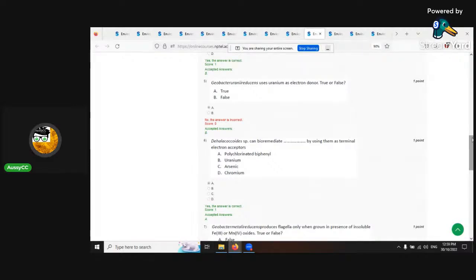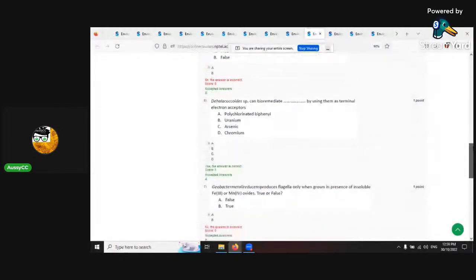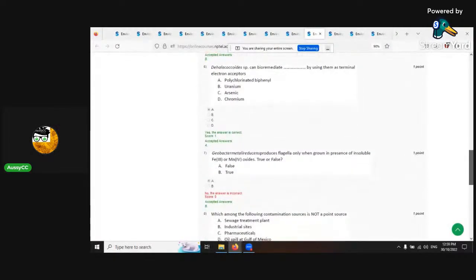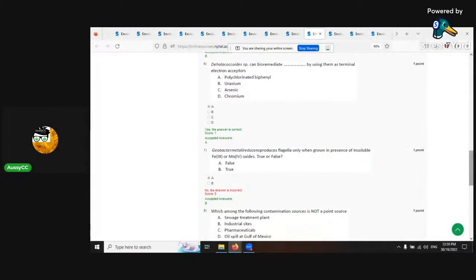True. And remember the plant has a flagellin gene, an FLG22 gene, which it can pick up. So if these are in presence of it with its flagella, the plant knows it and can act accordingly, putting out different terpenes. Which among the following contamination sources is not a point source, so which doesn't come from pharmaceuticals?